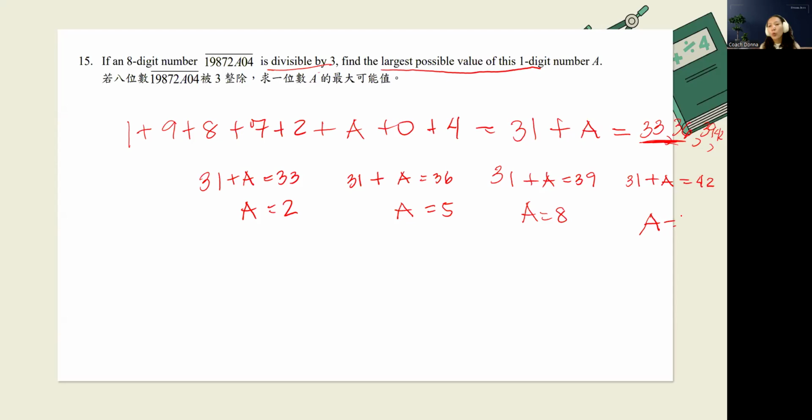Going back to the problem, we want the largest possible value, but it needs to be one digit. A equals 11 is not one digit anymore. So you'll end up with A equals 8. The answer is 8. Great.